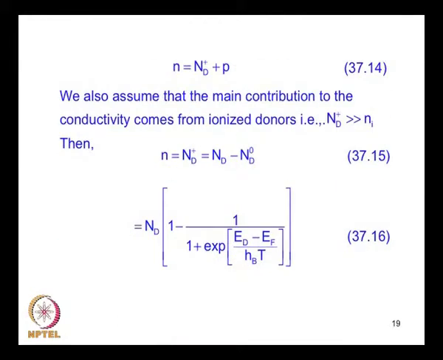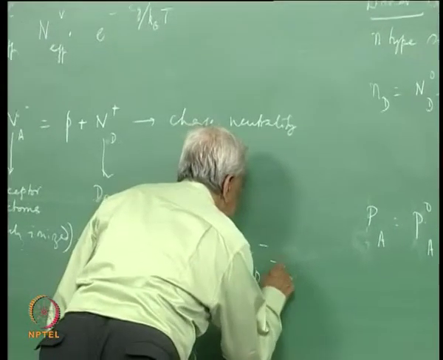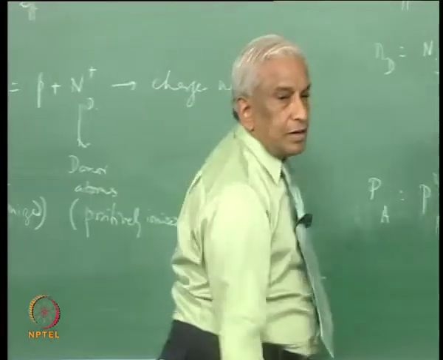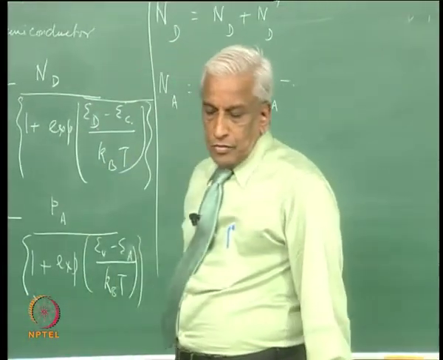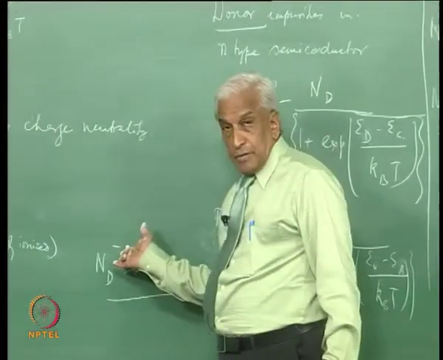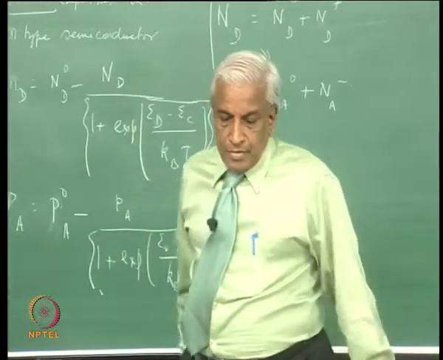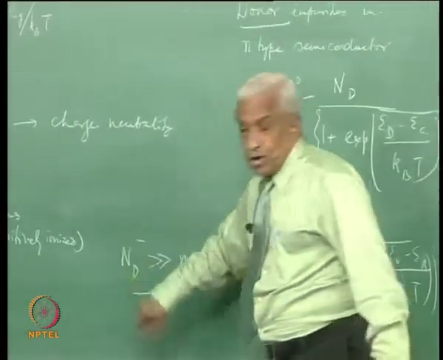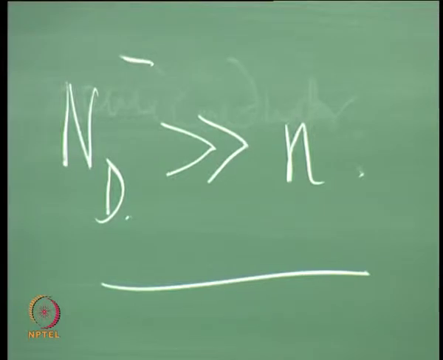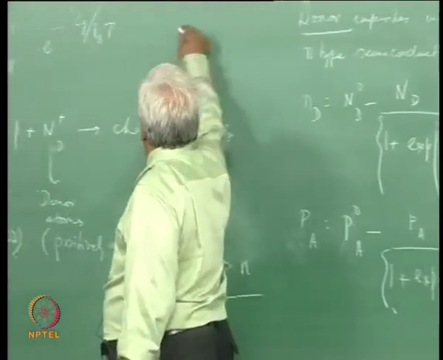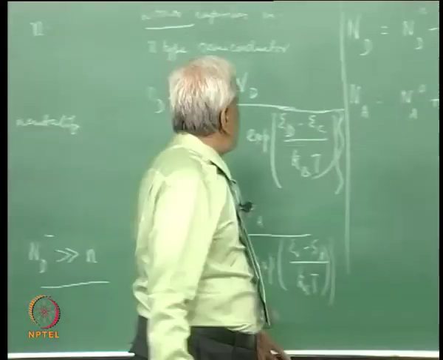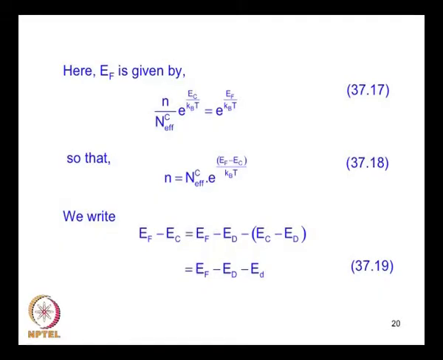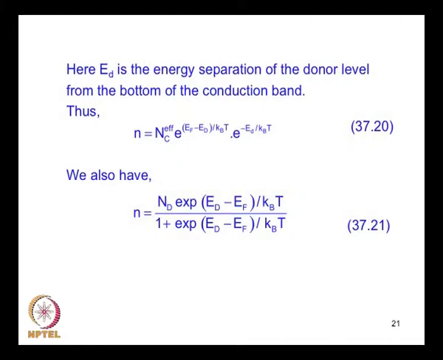So, with this we can also say that N_D plus is in general very large compared to n. That is, the ionized impurity atom concentration is large. The main contribution to conductivity comes only from this. With that, we can write an expression for n, which is the difference between N_D0 and N_D plus, and therefore, we can do a little algebraic manipulation to get a closed expression.